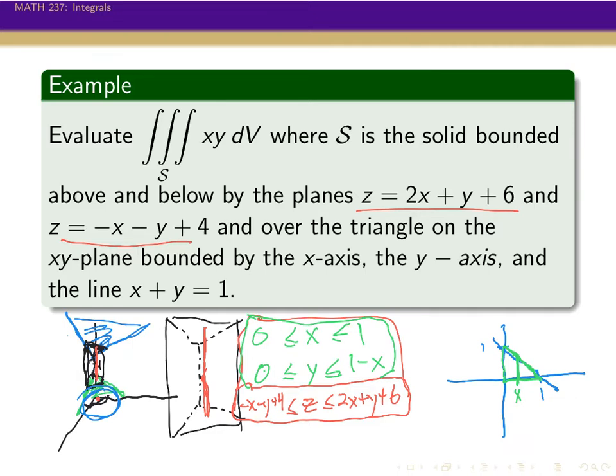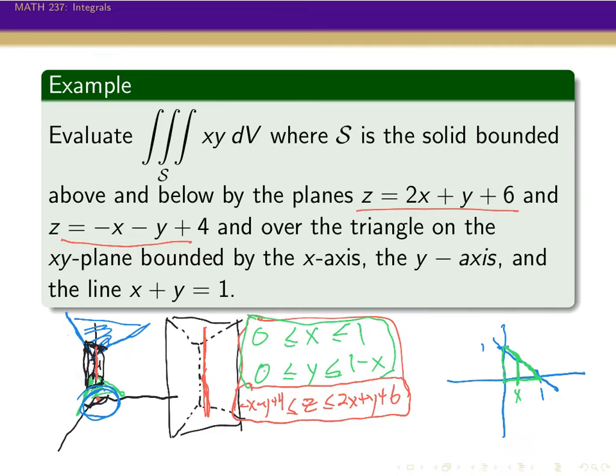Okay, so let me see if I can add a slide here. Let's clear this out and copy out our bounds up here.